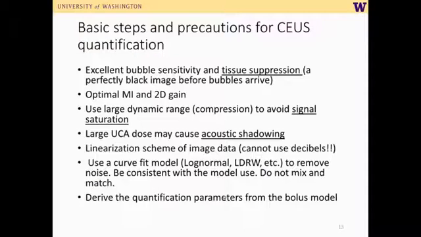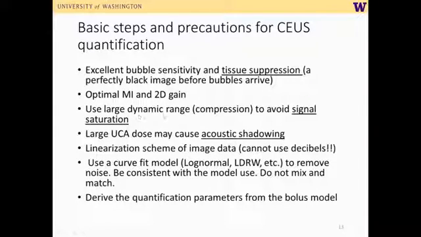Now, there are a few basic steps and precautions for contrast-enhanced ultrasound quantification. We need excellent bubble sensitivity and good tissue suppression. Tissue suppression means a perfectly black image before the bubbles arrive. So care must be taken to choose the right system that's capable of offering that. We also need to have an optimal MI for no disruption and a good 2D gain.